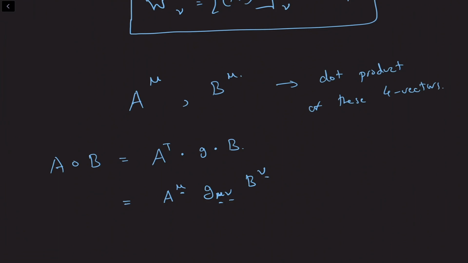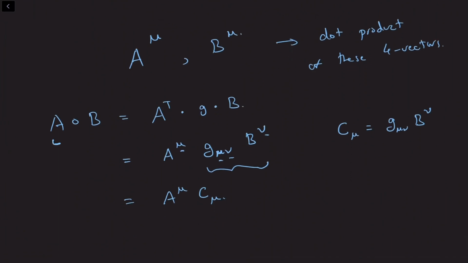Okay. Now, if you look at this quantity, it is exactly what we can define as a covariant 4 vector, which we write as C mu, which is G mu nu B nu. So that we can write this as A mu C mu.